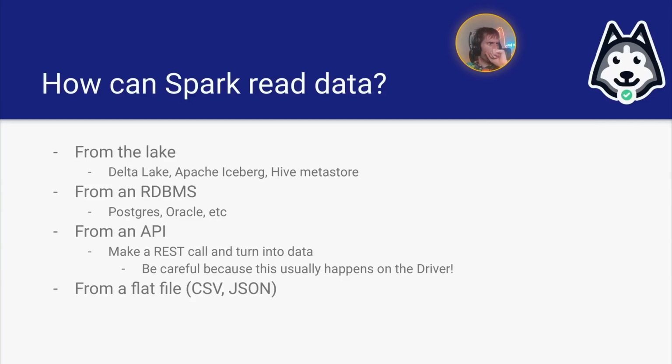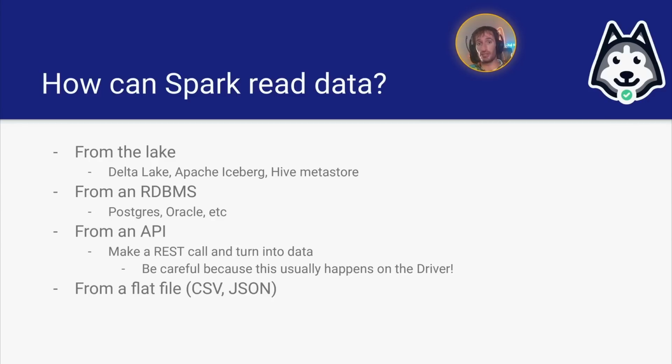In those cases, a lot of times you might want to parallelize them. What you can do is get a list of URLs, then do spark.parallelize, and essentially make the API calls in the executor. It's a trade-off though, because the nastiness of that is you essentially hammer the API in parallel, and that can be a problem.